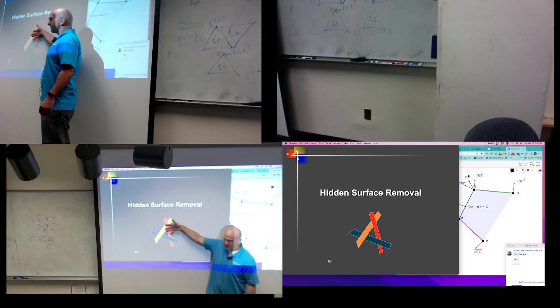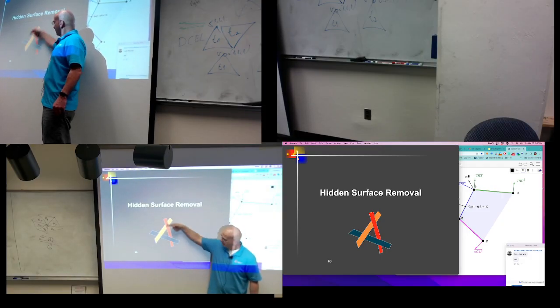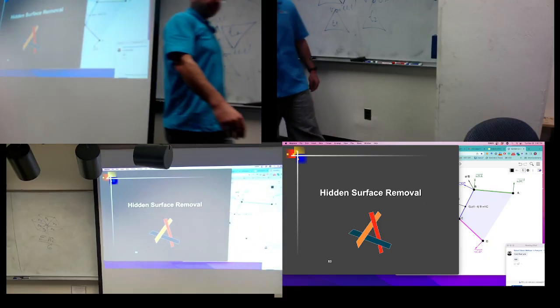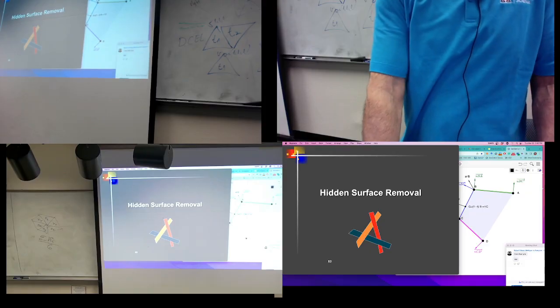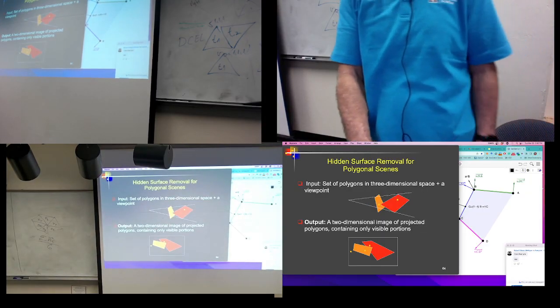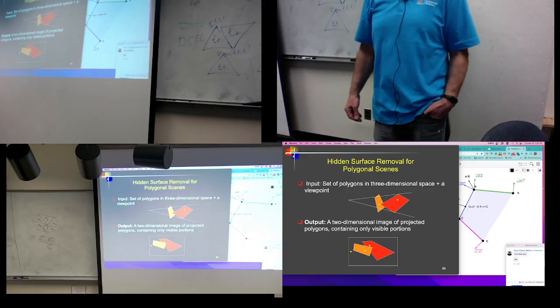Part of what gives us the intuition of how they are arranged in 3D space is that you see that the blue occludes part of the red. That's really, really important to create the 3D shape. Okay, so the hidden surface removal problem.